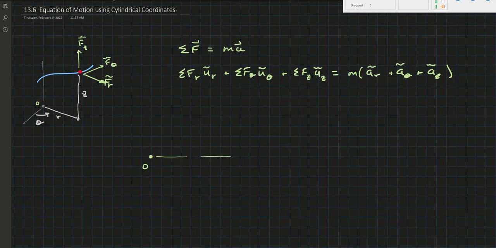And then our particle path is here, so the particle will move from this point to this point, and so we'll create a change in theta there.